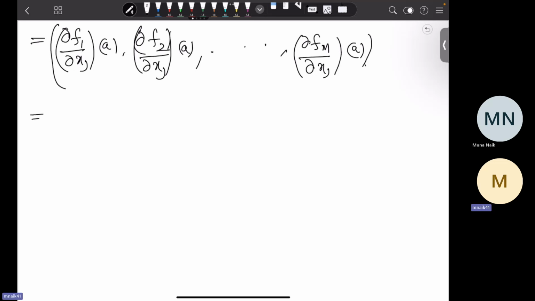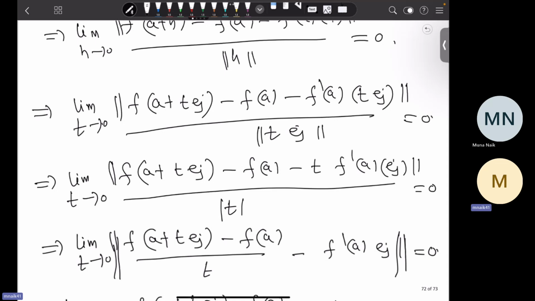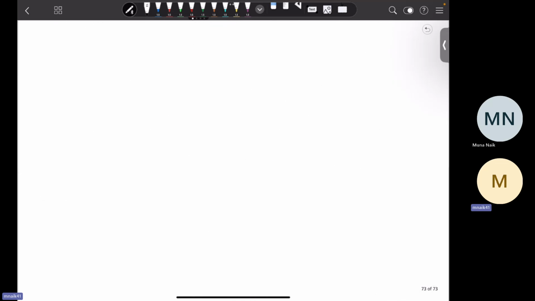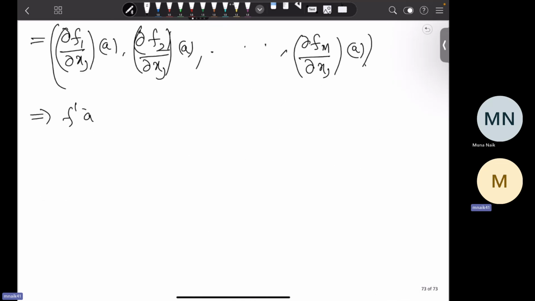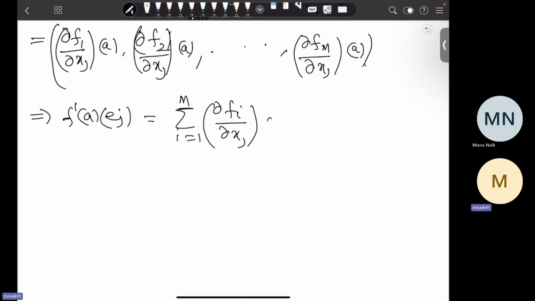So what I am getting is that f prime of a is the sum over i equal to 1 to m of del fi by del xj times ui, where ui is the standard vector of Rm.